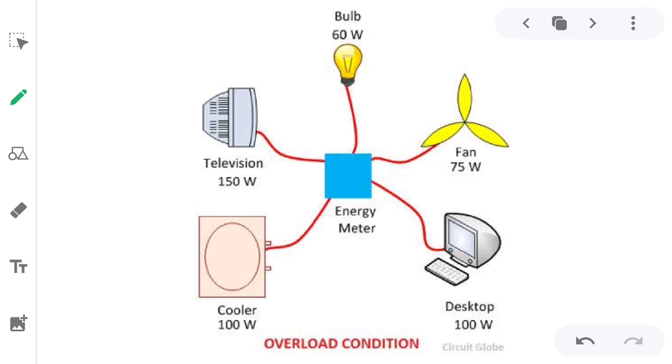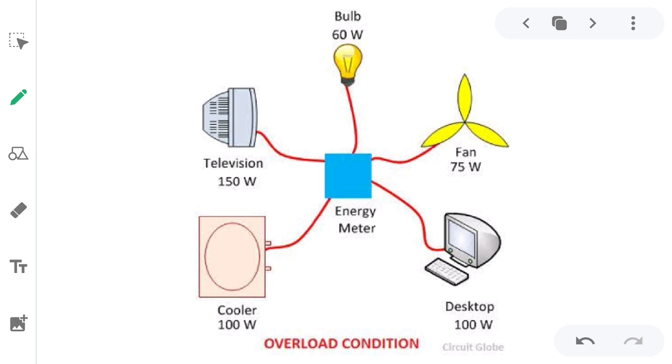Let us consider so many electrical appliances are connected all together. The wire's capacity is very low, and you are connecting many electrical appliances directly to that wire.